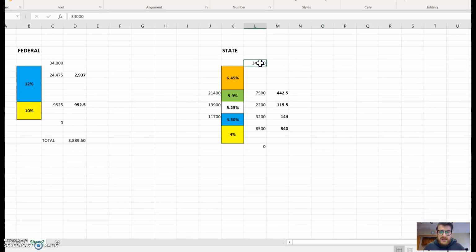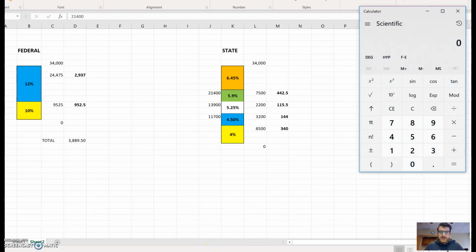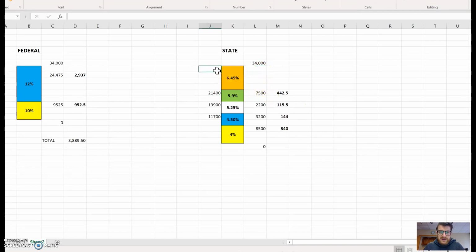So we need to subtract this and that. 34,000 minus 21,400, so we have $12,600 left to get taxed on. And we need to multiply that by 0.0645.